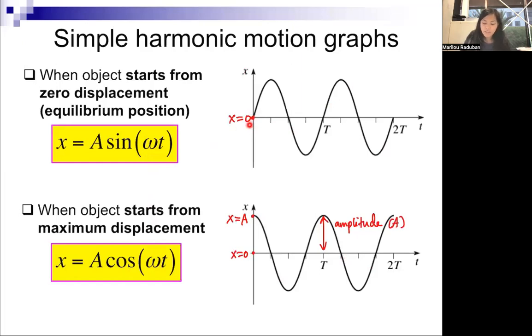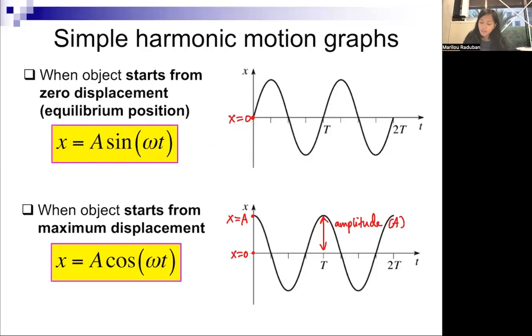If it started oscillating from the equilibrium position, and you will know that usually either from the graph, or from the worded problem, which says the object started from equilibrium position, then the equation for finding the displacement of the object at any time t should be this sine function equation.